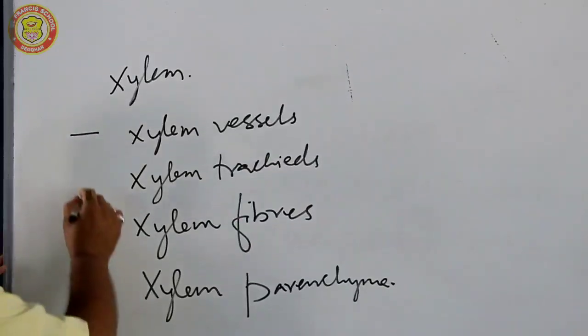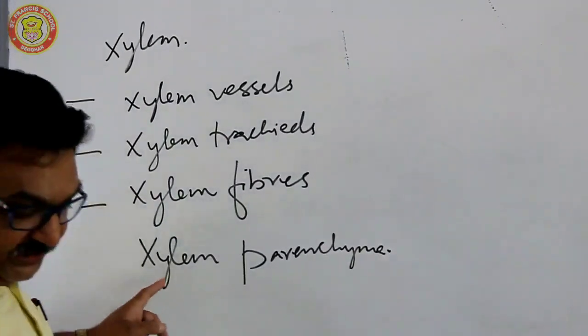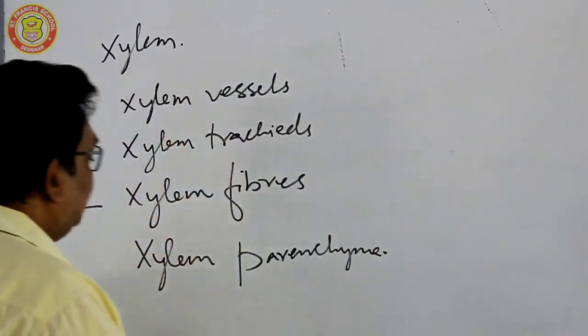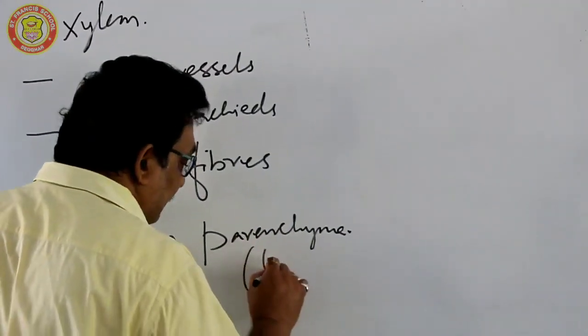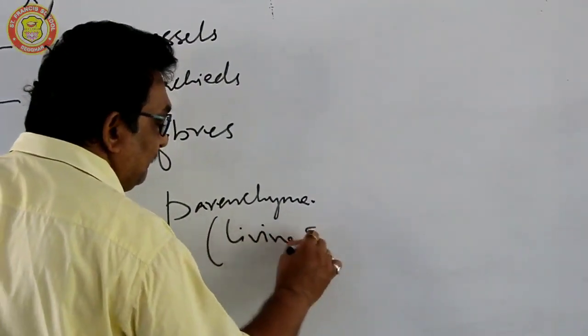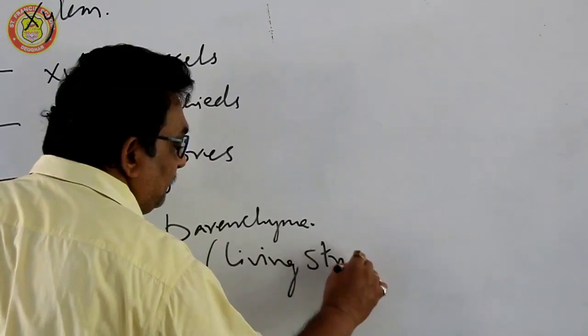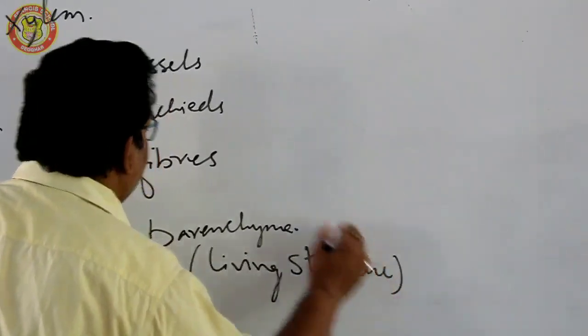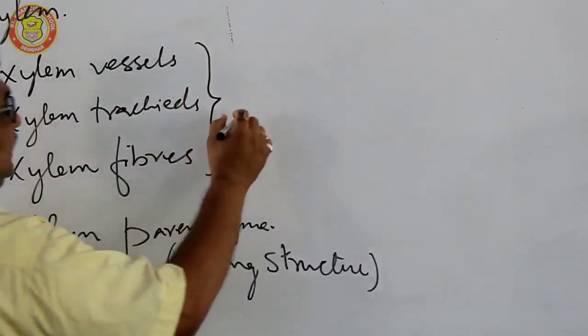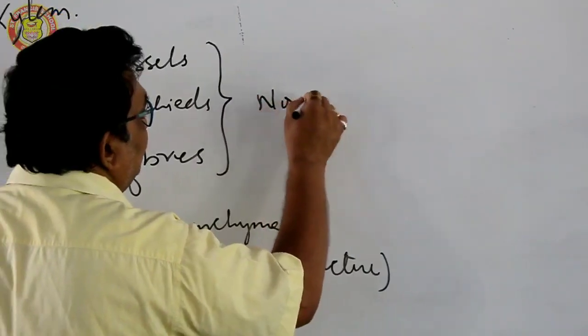Now in these, only xylem parenchyma is a living structure, whereas the other three are non-living.